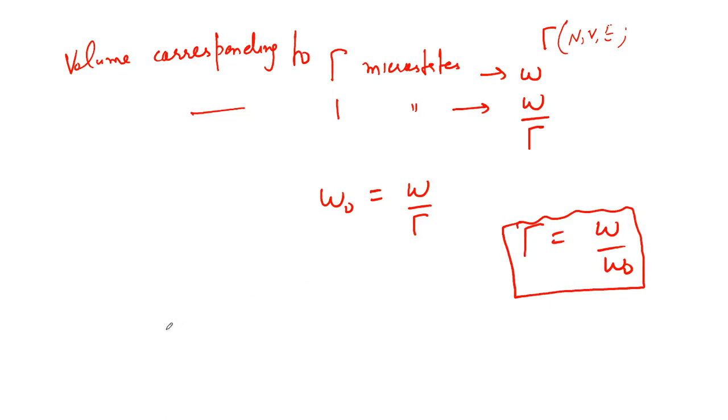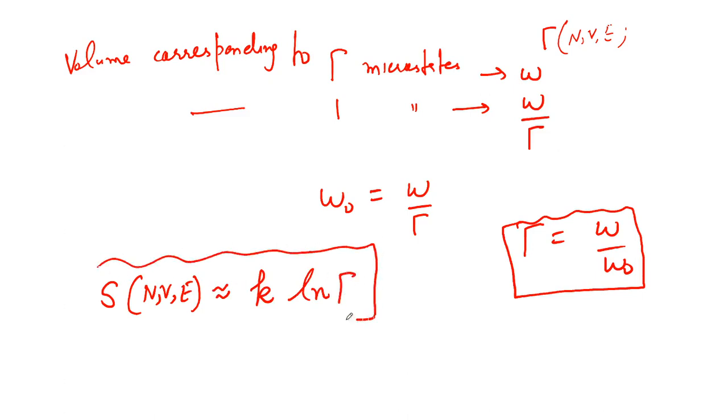The thermodynamics can be calculated by calculating the entropy, which depends on N, V and E. This derivation we have already done in unit number 1, on the basis of how many ways the systems within the microcanonical ensemble can exchange, so S is equal to K log of omega.